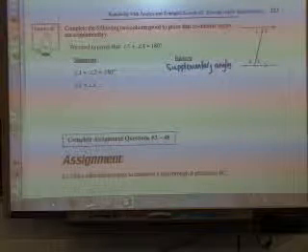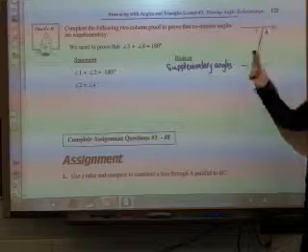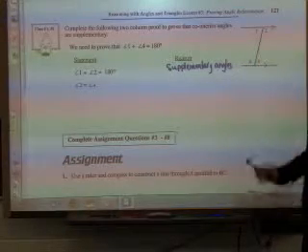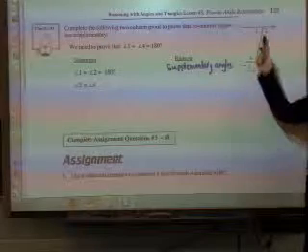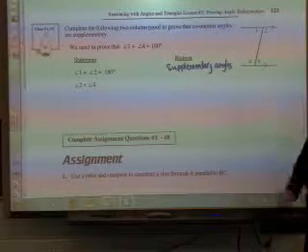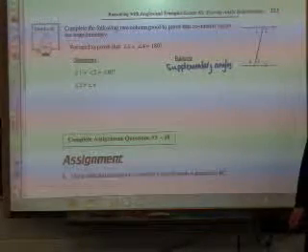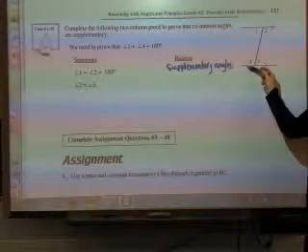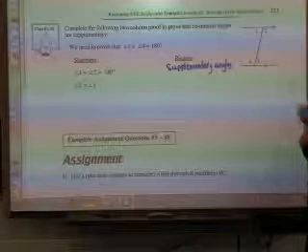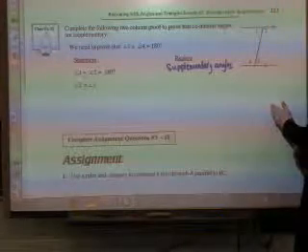The next statement that I have is that angle 2 has to be equal to angle 4. Why are these two angles equal to each other? What property? So what kind of angles are these? Corresponding means they'd have to be on the same side of the transversal.